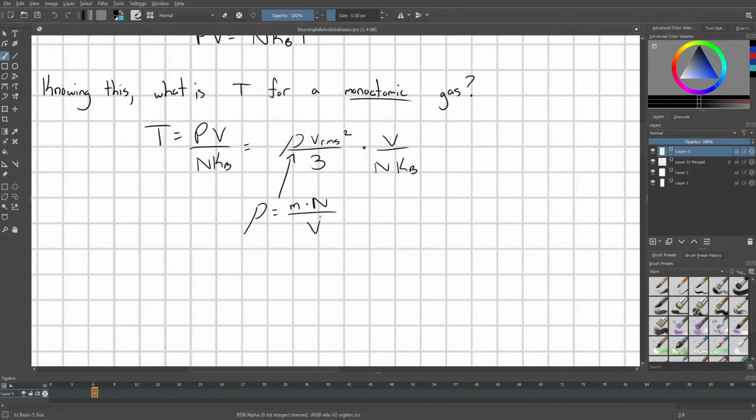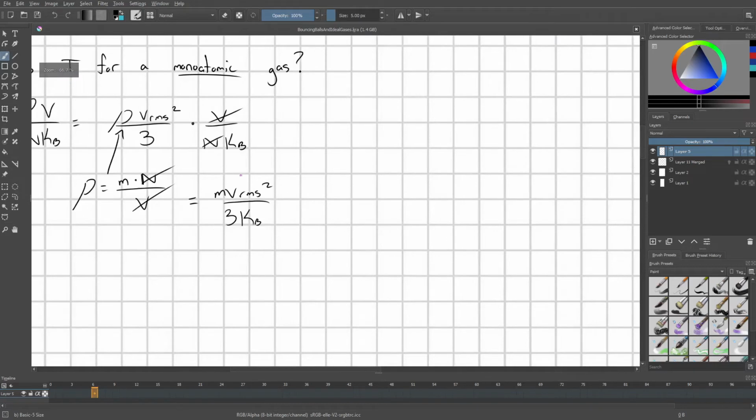So we make that substitution, and we can see that the N's will cancel and the V's will cancel, and we'll be left with little m times V_RMS squared divided by 3 Kb. I'm going to write this suggestively as 2/3 Kb times 1/2 m times V_RMS squared.